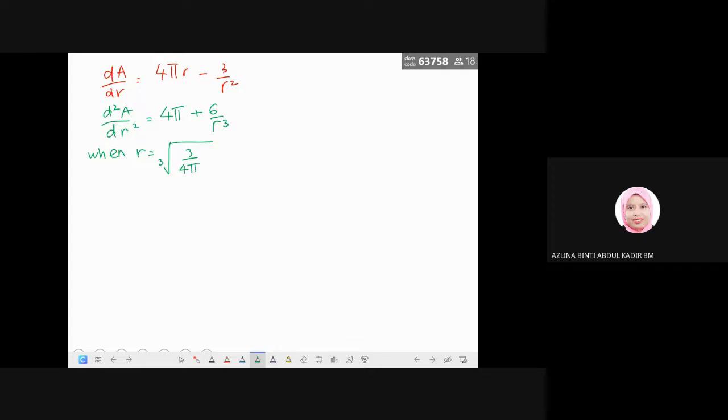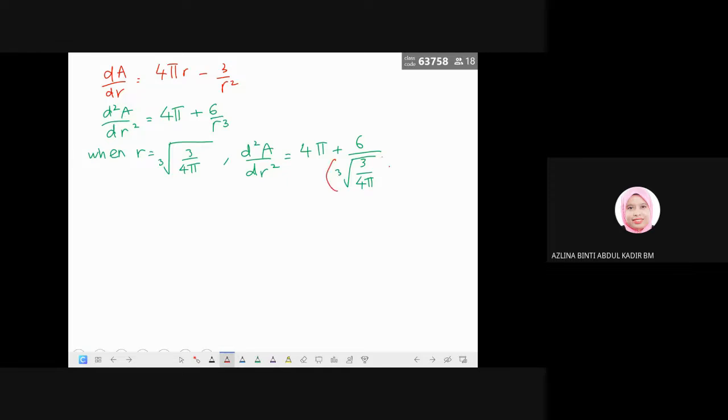Kita nak check second derivative. Okay, d squared a dr squared is equals to 4 pi plus 6 over berapa tu? 3 over 4 pi. Ni ada cube roots. Right. This one is cube roots.